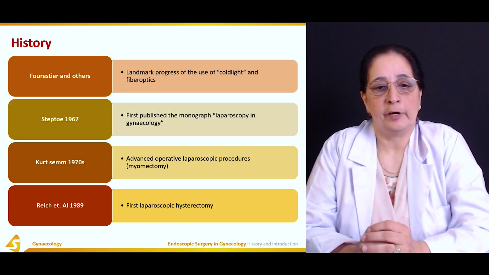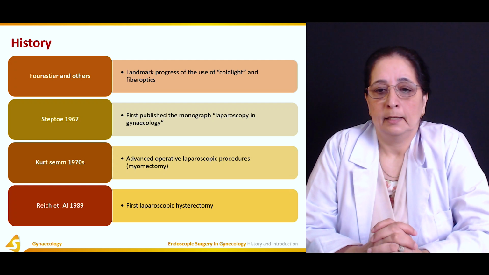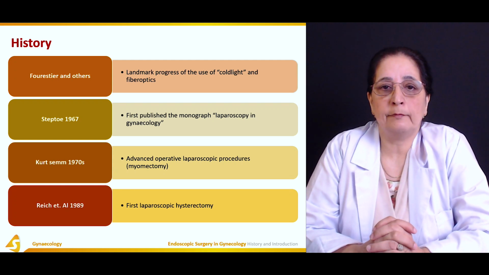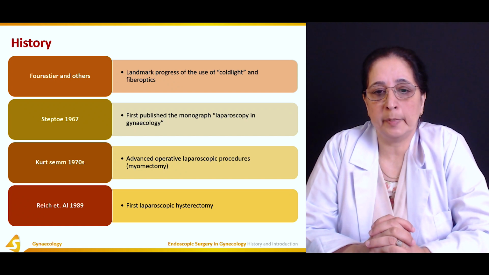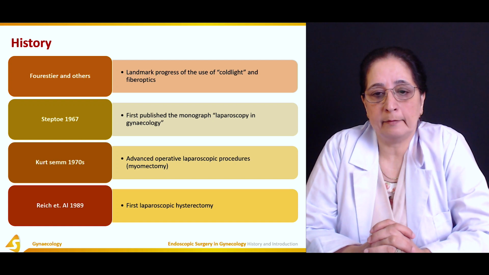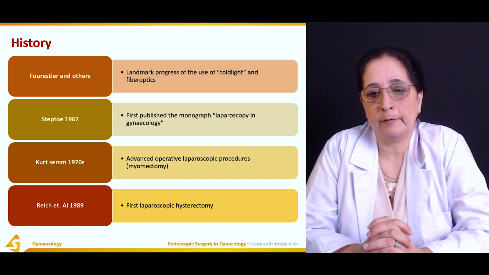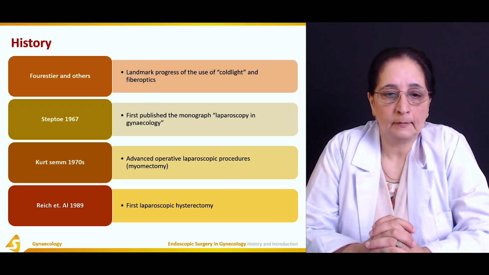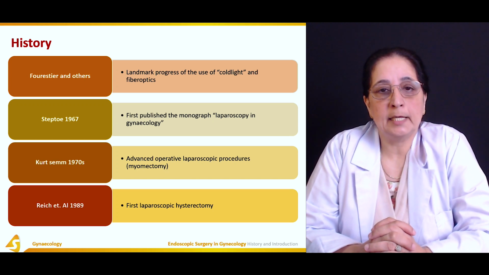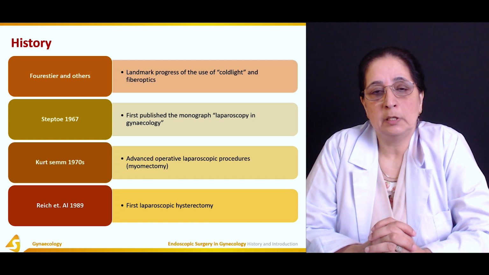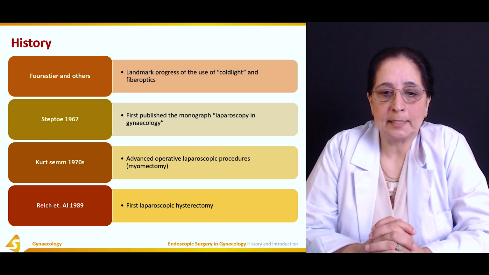Then Forestier and others started the use of cold light and fiber optics instruments. And then Steptoe in 1967 published the monograph Laparoscopy in Gynecology. Then Kurt Semm, in the 1970s, used the laparoscope for myomectomy.